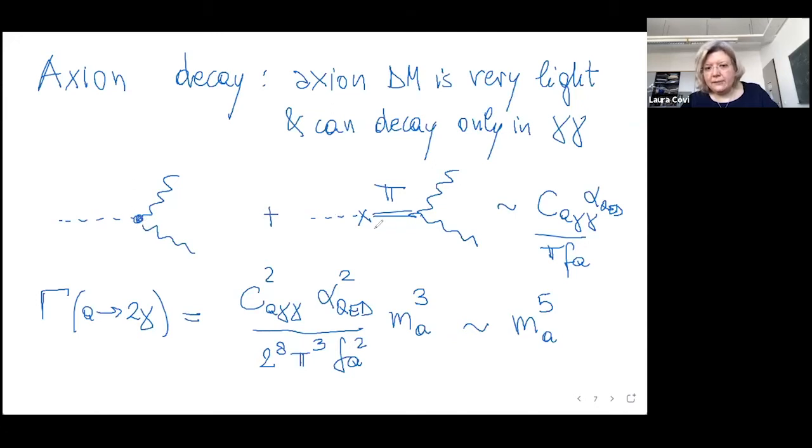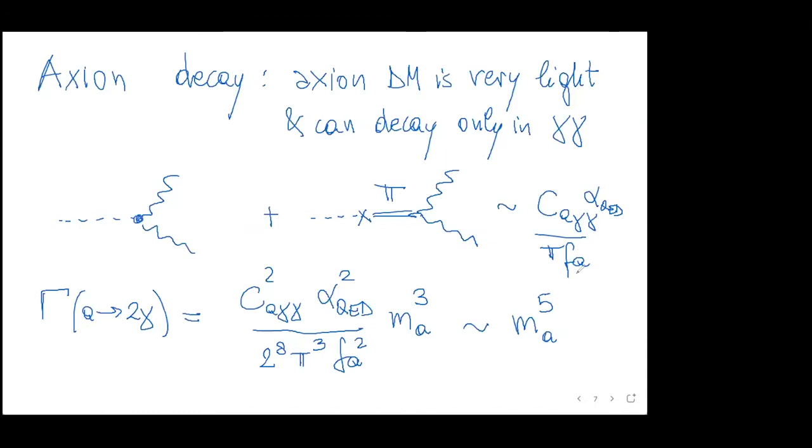In this diagram, actually, here you have the mixing, and the mixing is mass of the pion divided by Fa, multiplied by 1 over mass of the pion. So the mass of the pion in the end is not so incredibly important. Okay. But you can compute it exactly. So you can find it in the references, and the suppression of the coupling is always 1 over Fa. I see. Okay. Thank you.